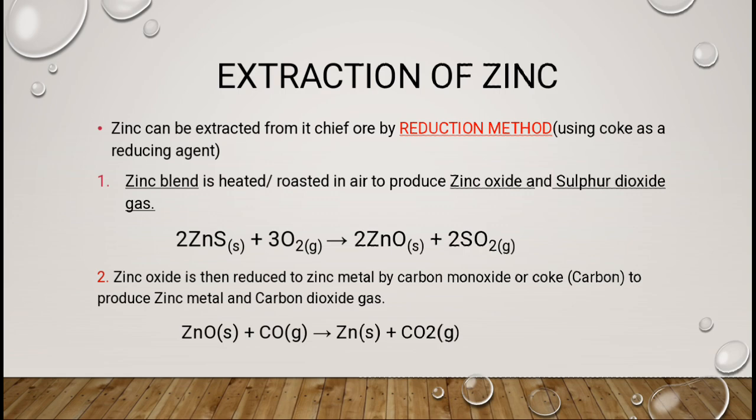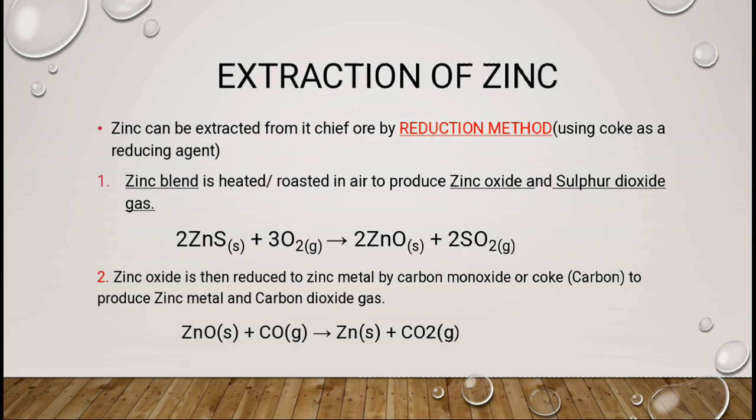The oxygen that is in zinc oxide is going to be removed by carbon monoxide. Have you gotten the concept? Or coke, to produce zinc metal, which we want now, and carbon dioxide gas. So the equation is below.